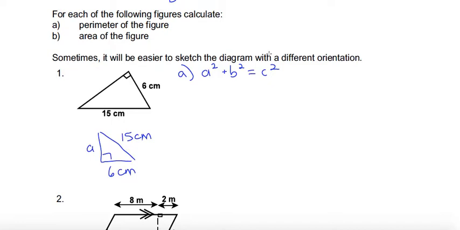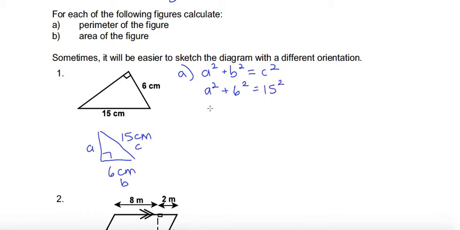So that first part of our lesson today, you've done a version of this already. We don't know what a is, so we're going to keep a squared written out. We do know that b is 6, so this is our b right here, that's our base, and across from our right angle is our c, so is our 15 centimeters. So b is 6 squared and c is 15 squared.